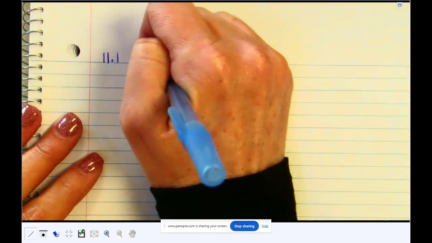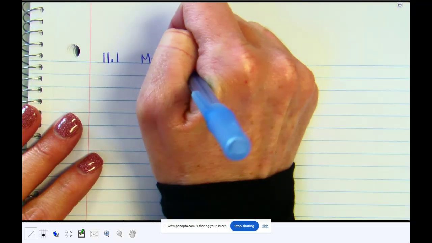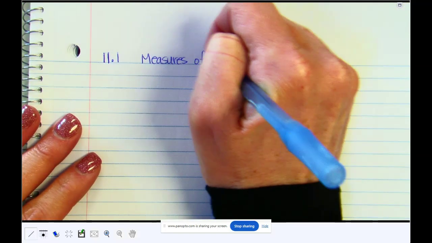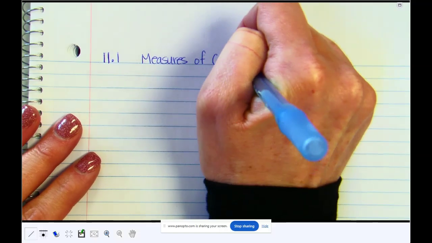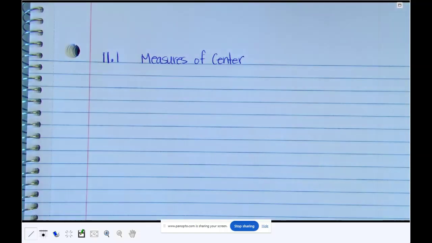So we are talking today about something called measures of center. Chapter 11 is all about measuring data. If we have a set of information, like for example, if we took everybody's shoe size in here, that would be a set of data, right?